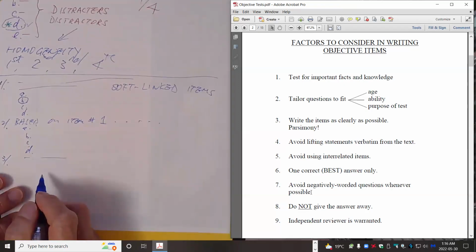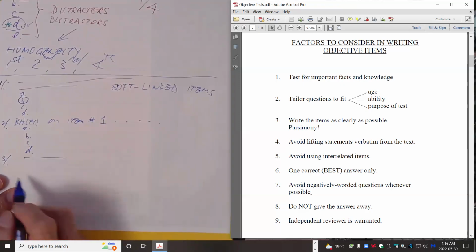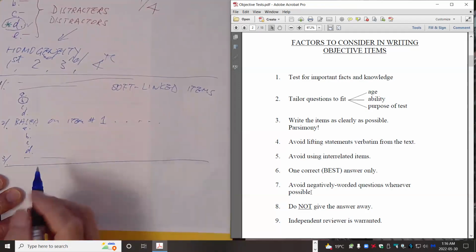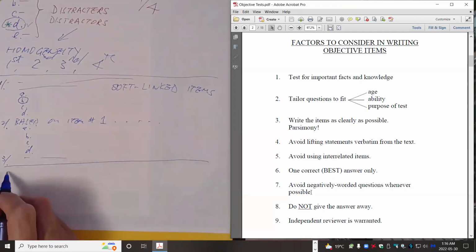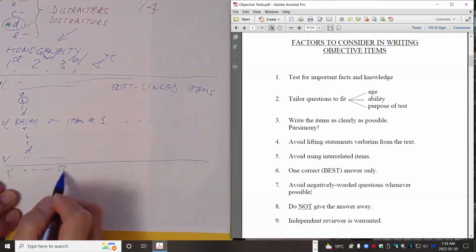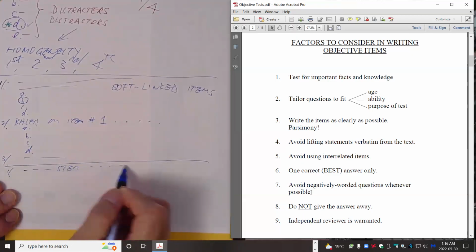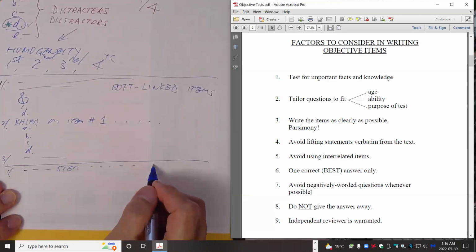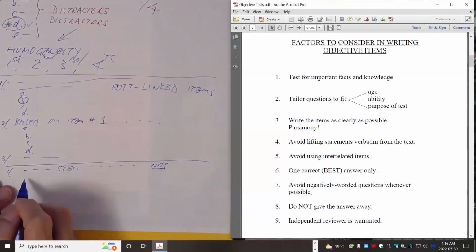For example, say you have an item here. This is the stem. And you have the word "not" in it, underlined, and you say true or false.